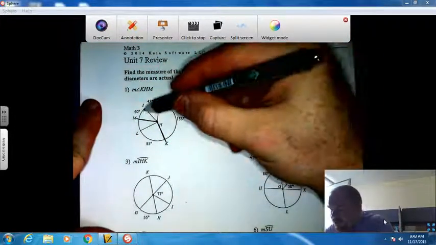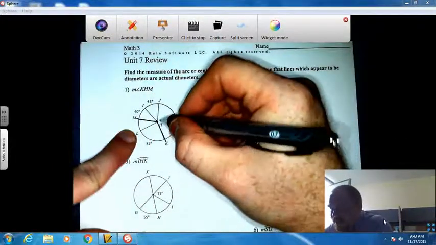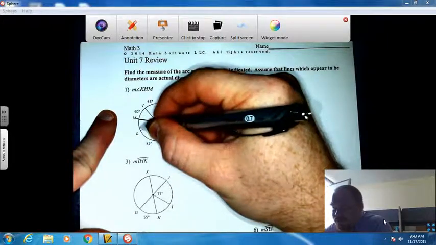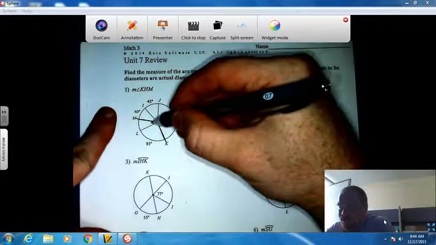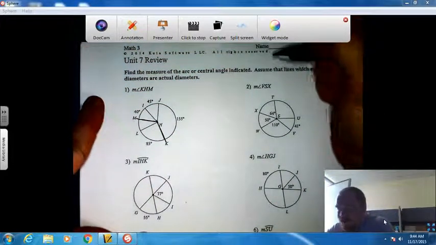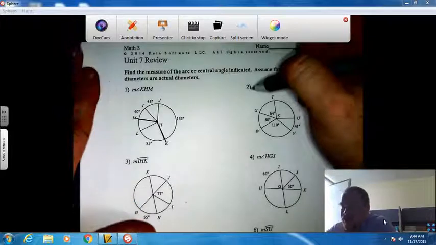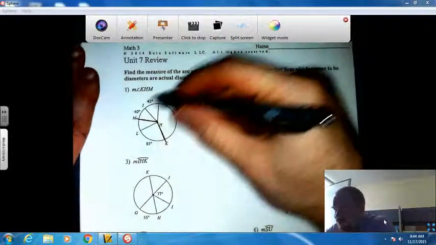Okay, we know that the circle adds up to 360 degrees. What we need is this angle right in here, this arc. Because it's a central angle, we know it equals the measure of the arc. So if we knew this, we would know the angle as well. So I know that they all have to add up to 360 degrees.